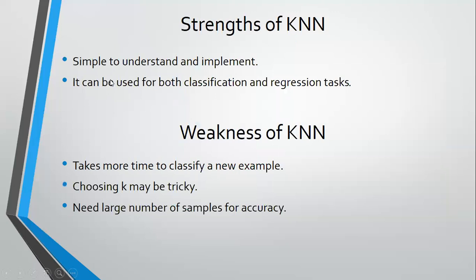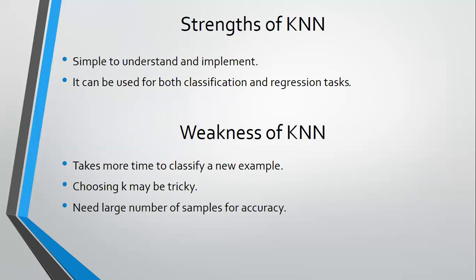The strength of KNN is that it is very easy to understand and very easy to implement. Also, one algorithm can be applied for both classification as well as regression. That is why, for simple problems, we can use KNN.